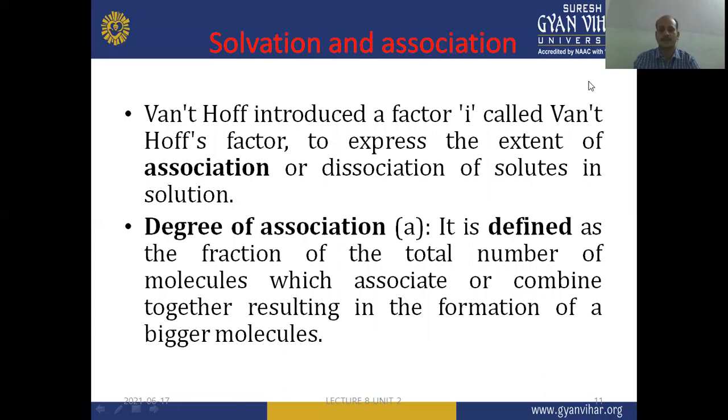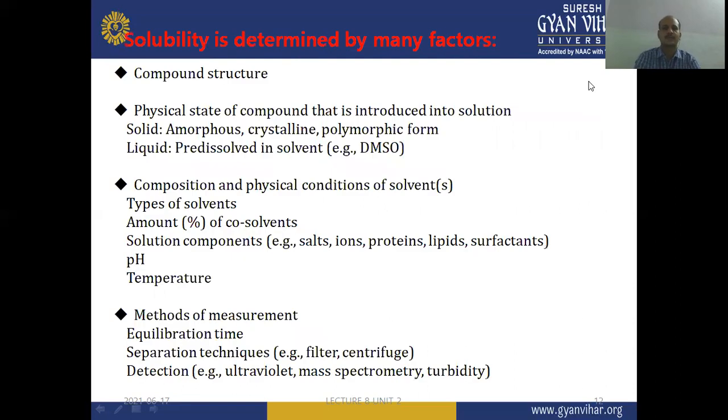So it is known as association, and the extent of this association is known as degree of association. Solvation and association are very important mechanisms which show the interaction between the solute and solvent molecules.